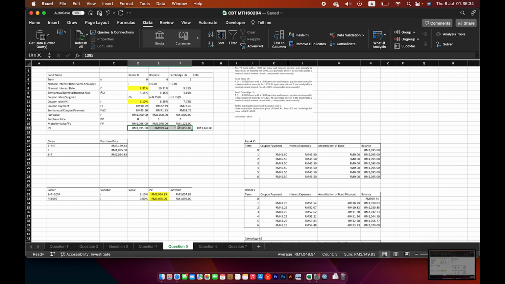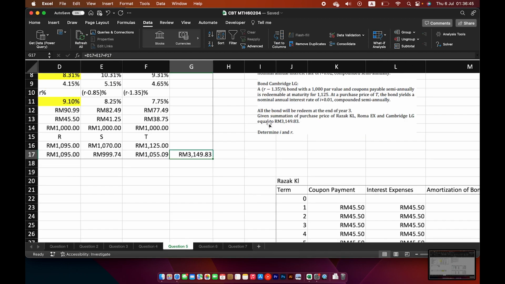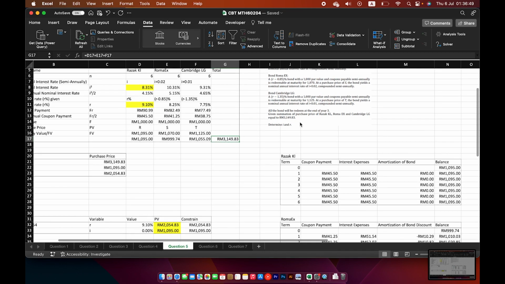After we add up these three together, we get a value of 3149.83, which is the same as the question given here. We use this value to check our answer.